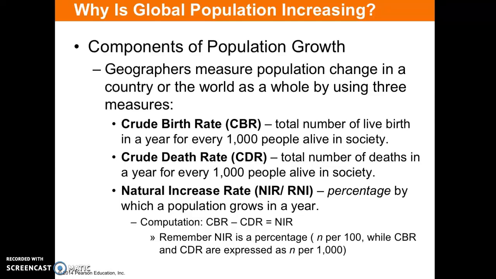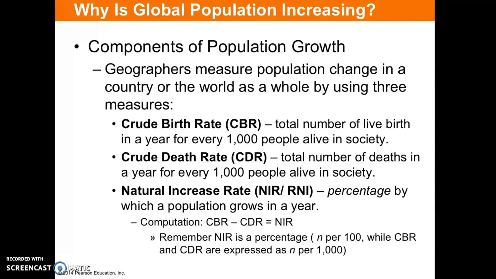And the crude birth rate is the total number of live births in a year for every 1,000 people alive in your society. And so you'll see that birth rate equation, the number of live births divided by the total population multiplied by 1,000. You'll also see the crude death rate, CDR.